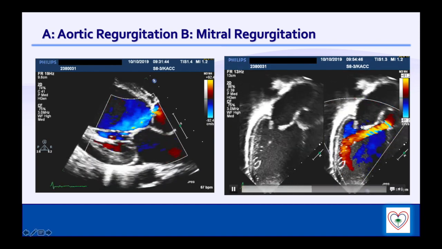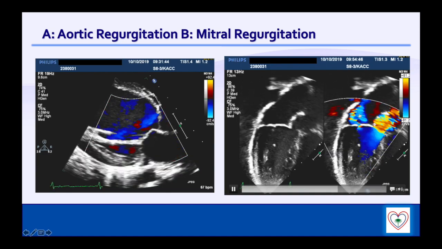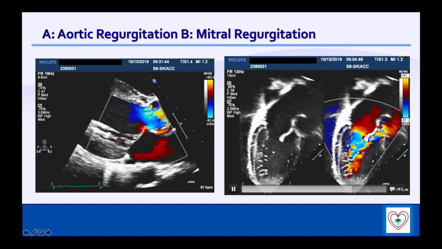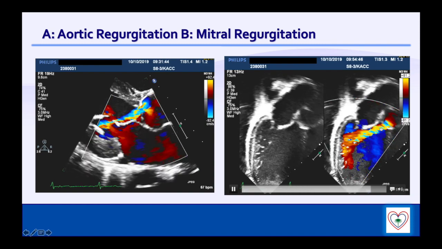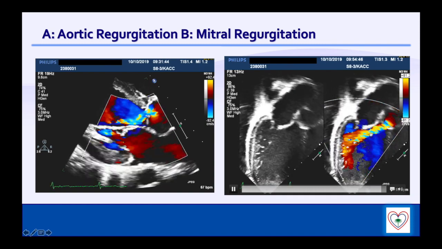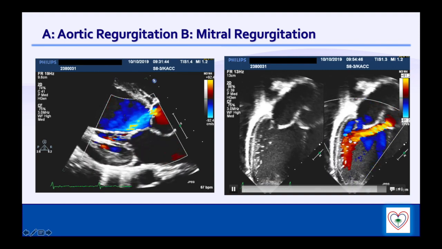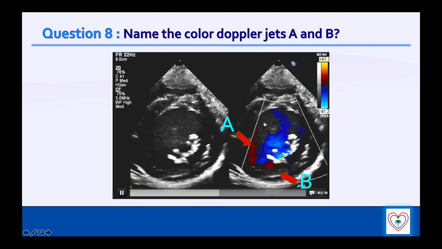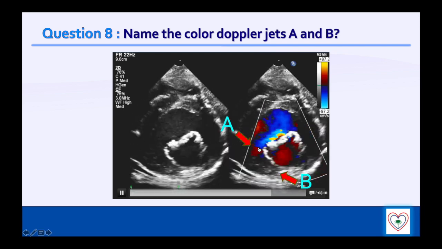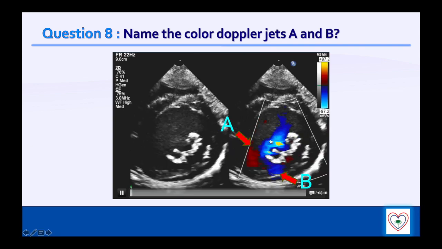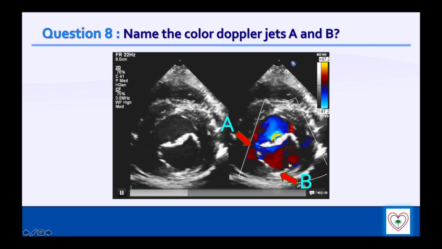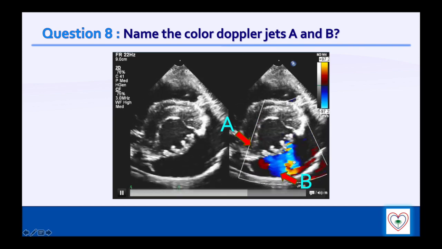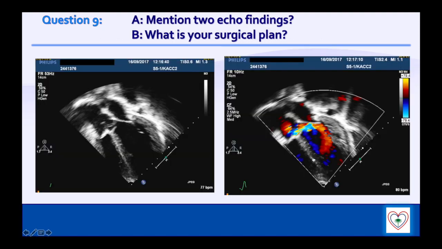So this is the mitral valve regurgitation, which occurs in systole, and this is the aortic valve regurgitation, which occurs in diastole. So let's look at the previous image. Here, color jet A is aortic valve regurgitation, and color jet B is mitral valve regurgitation.